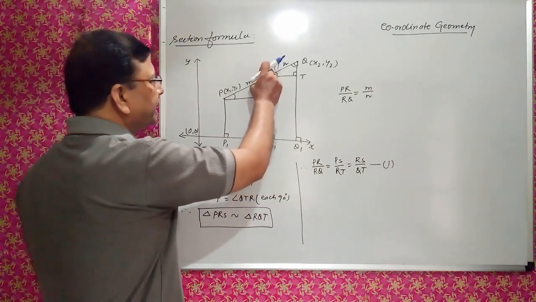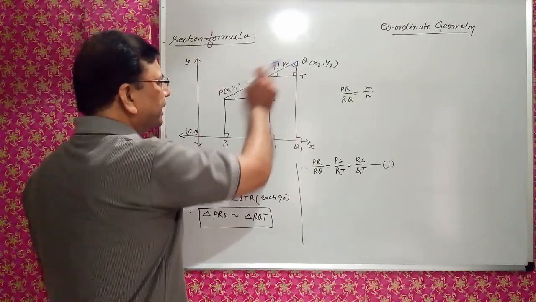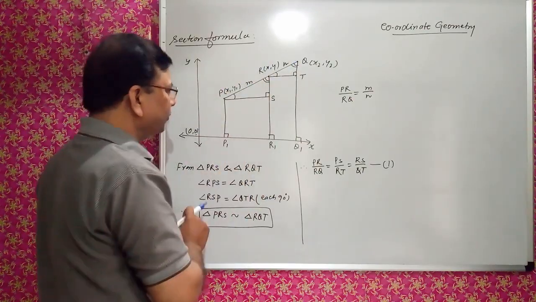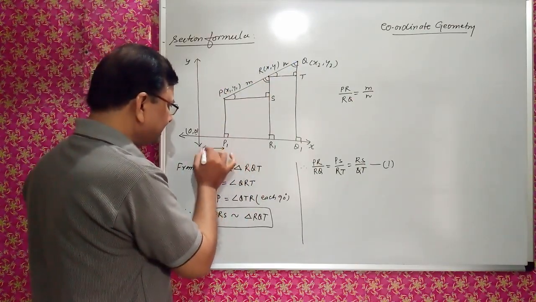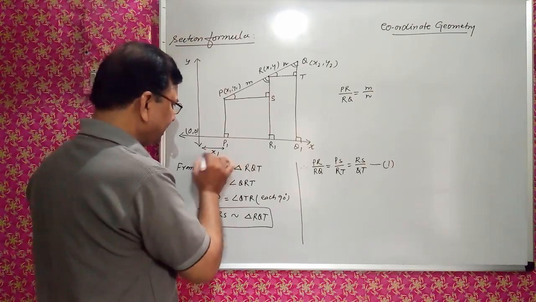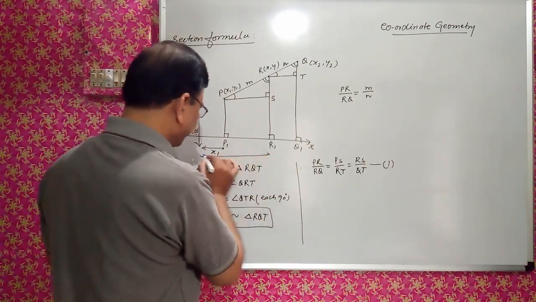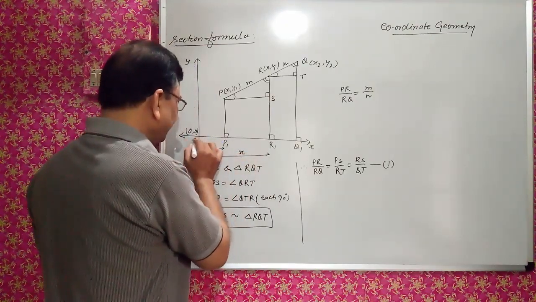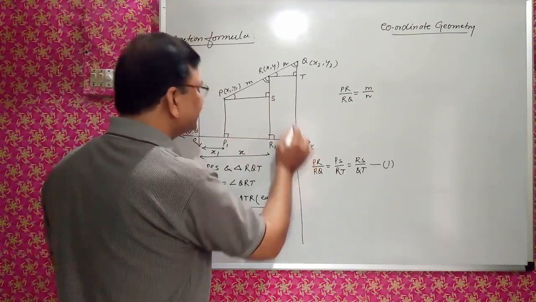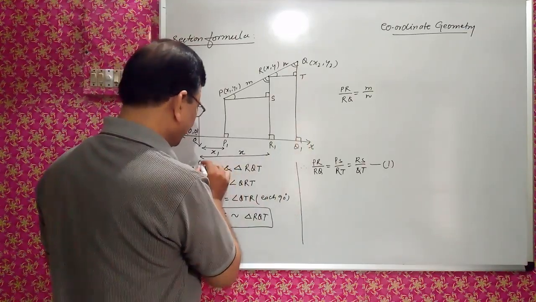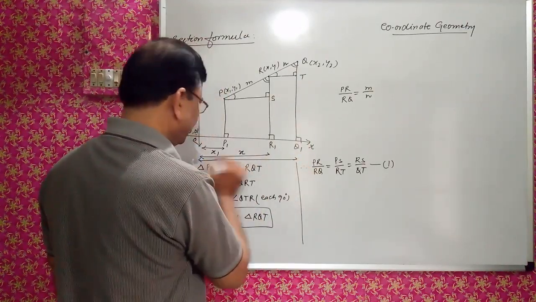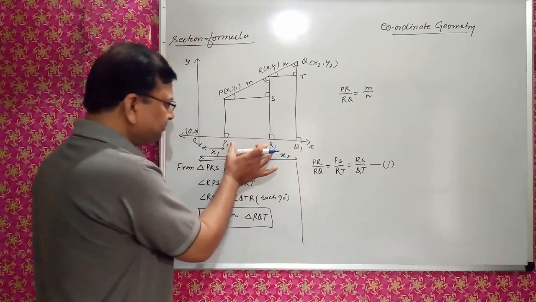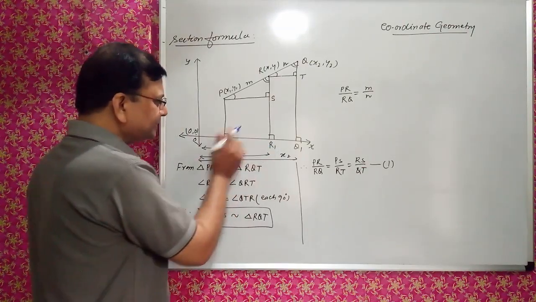See, the coordinate of this is x, y. The coordinate of this is x1, y1, meaning this is x1. From here to here it is x, and from the origin to this it is x2. So this part will be x minus x1.